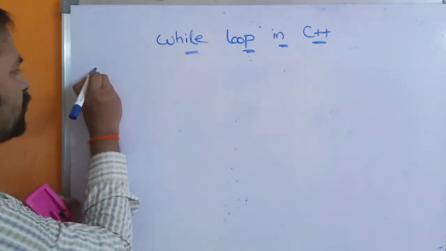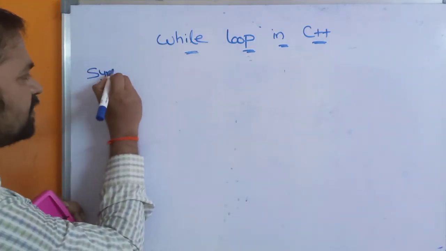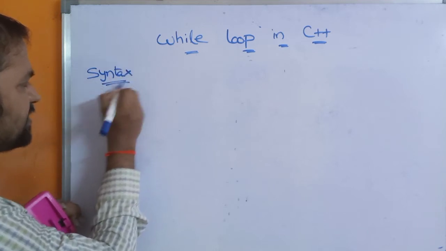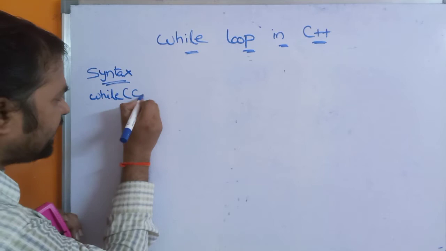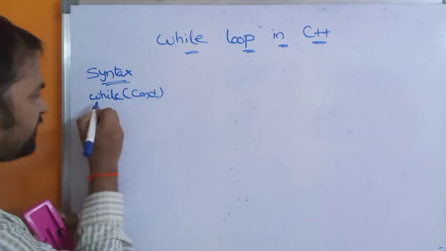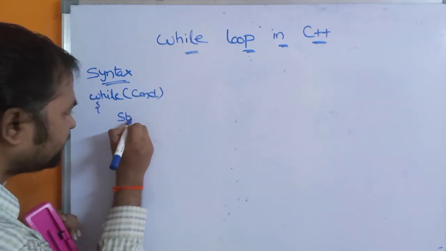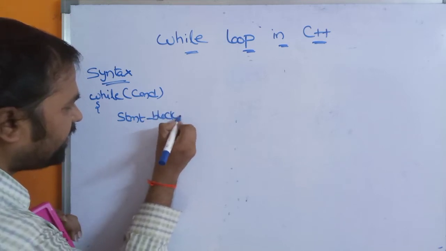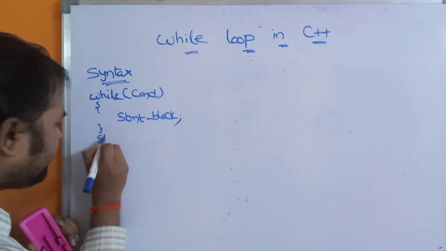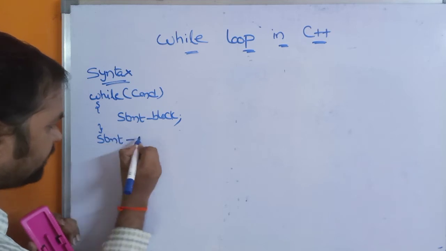First, let us see the syntax of the while loop. First, the condition will be evaluated. While of condition, if the condition is true, then the statement block will get executed, and after that statement X will get executed.